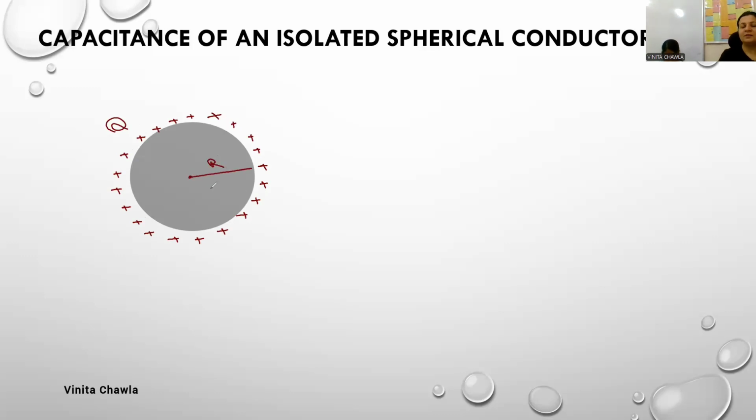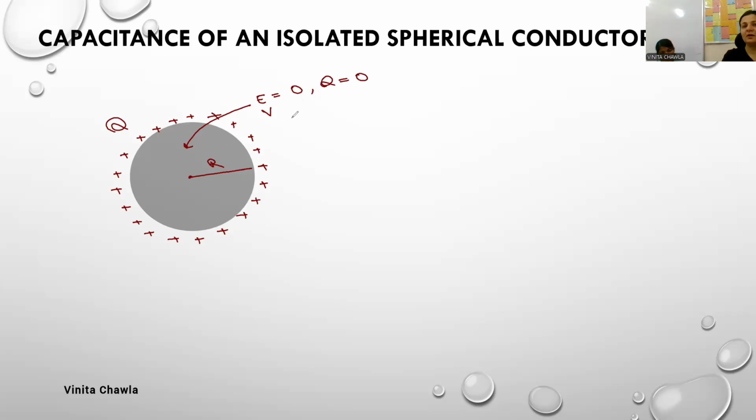So if I ask you to write the expression for electric field intensity and potential inside the conductor, can you please tell me what is the electric field intensity inside the conductor? It's 0, because we have no charge here.